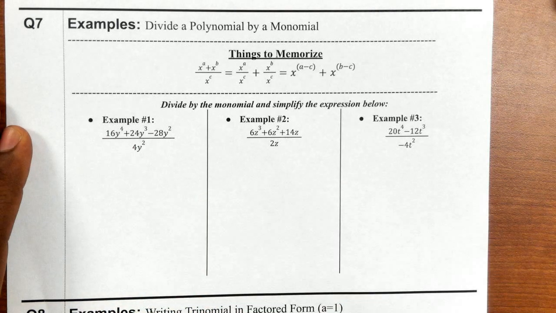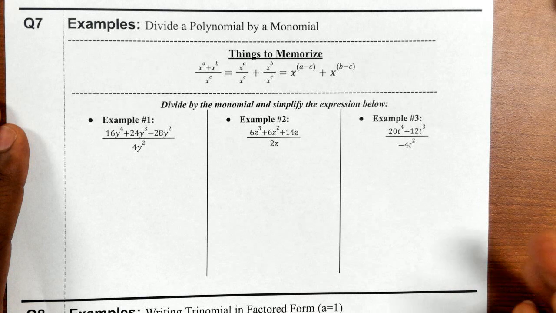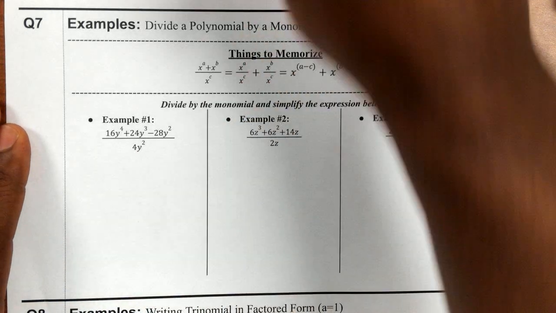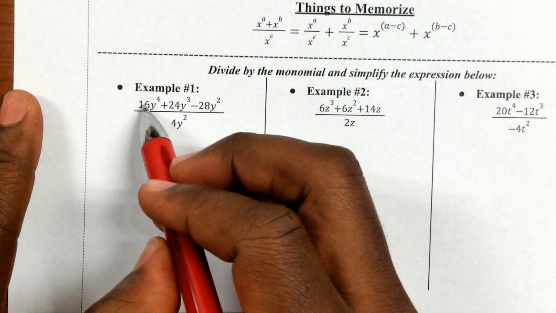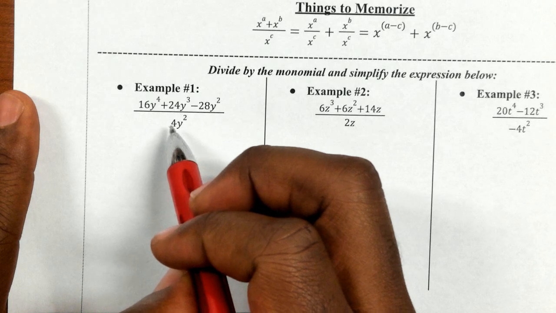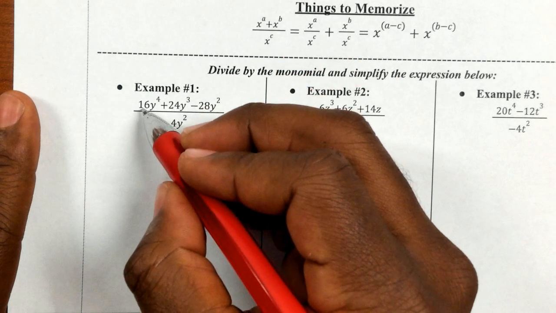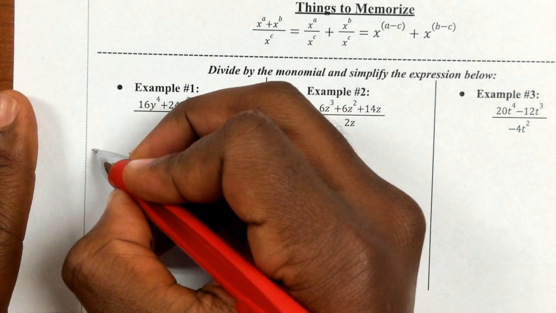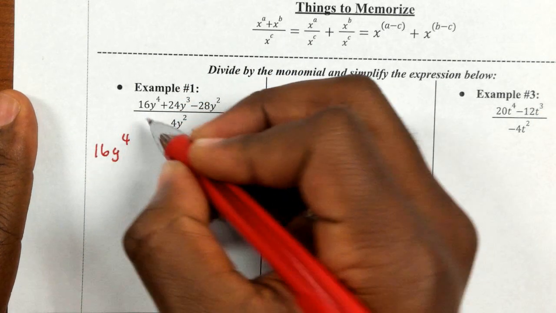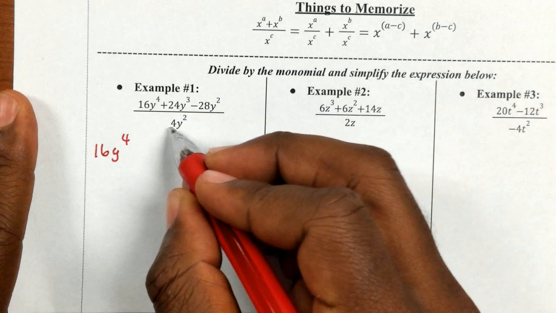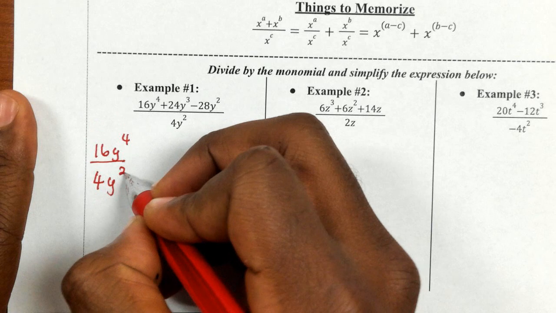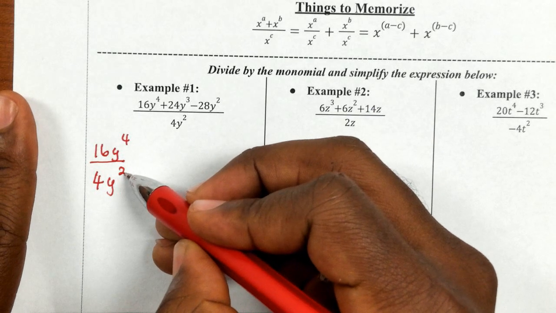So when you're doing this, guys, I'm going to make it very, very easy for you. This right here is technically the denominator. These are the numerators that all have this as a common denominator. So I could rewrite these as fractions, where it's 16y to the 4th power, so this numerator, over this denominator of 4y to the 2nd power, or 4y squared.